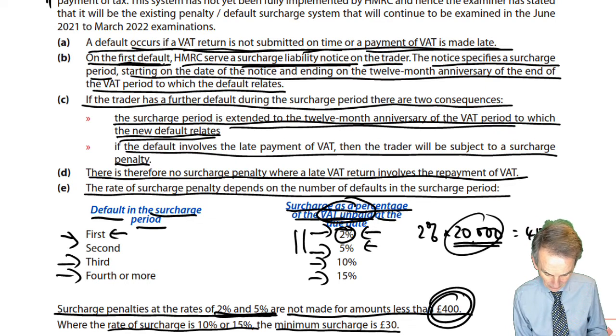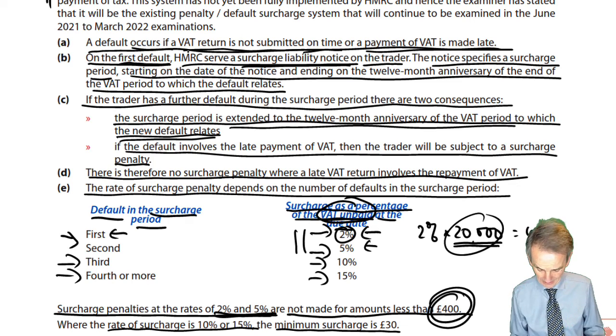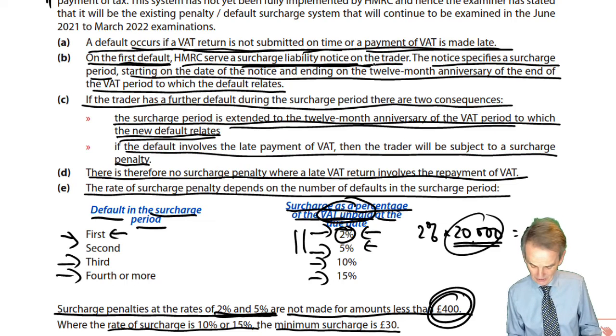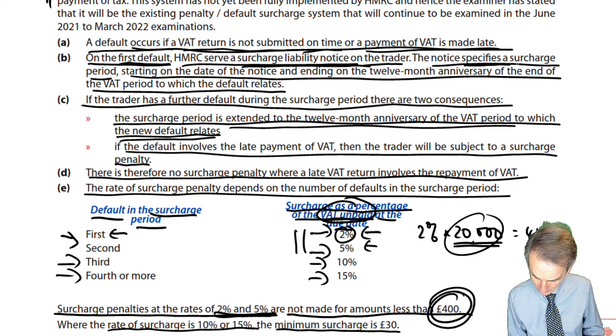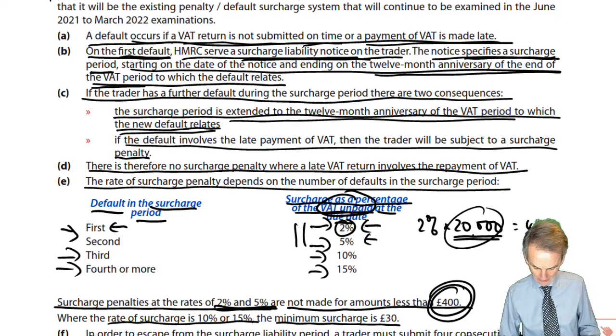On the first default, which is what we're seeing now, the surcharge liability notice will be served, and that notice specifies a surcharge period, and that will run to the 12-month anniversary of the end of the VAT period.